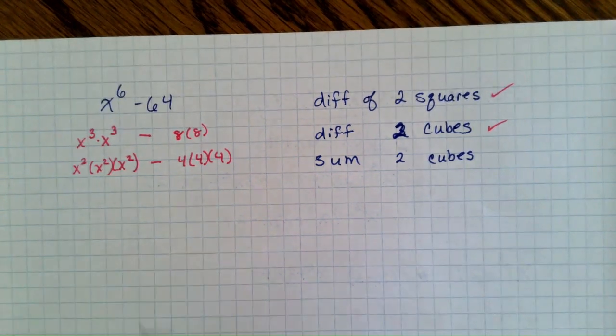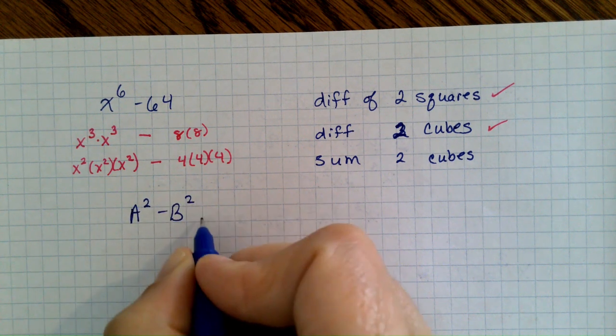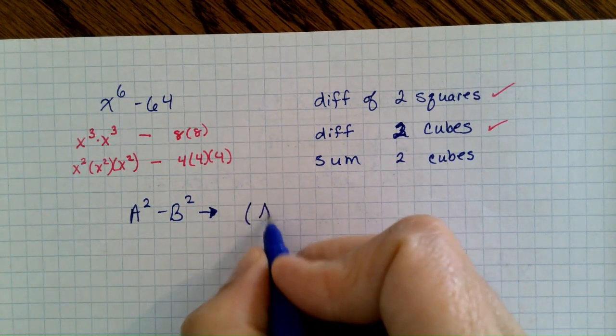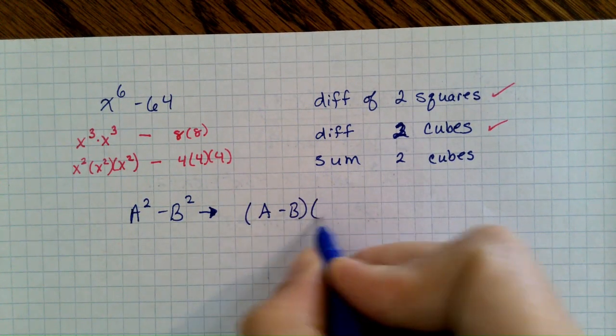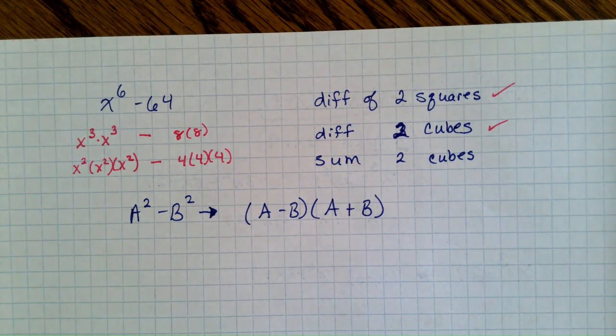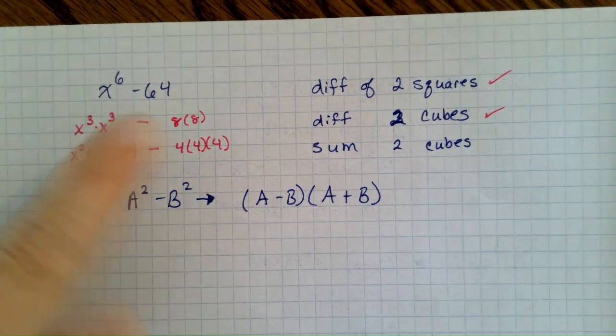So let's start that off. If you remember, we talked about memorizing this pattern in that last video. Anytime you have the difference of two squares, it's the first minus the second multiplied by the first plus the second. So remember, this is x cubed times x cubed and 8 times 8.